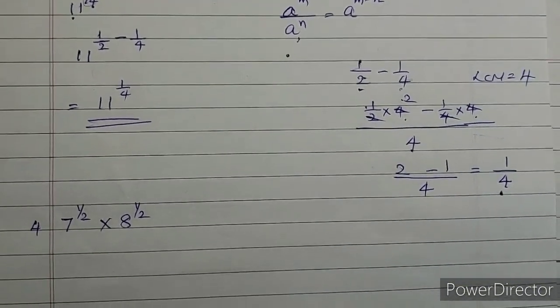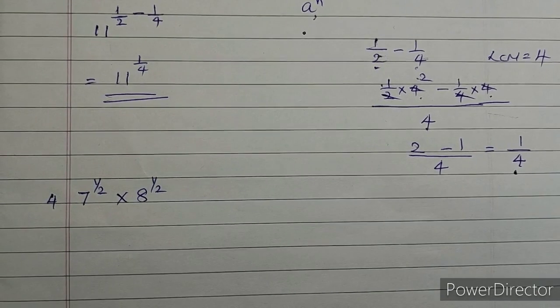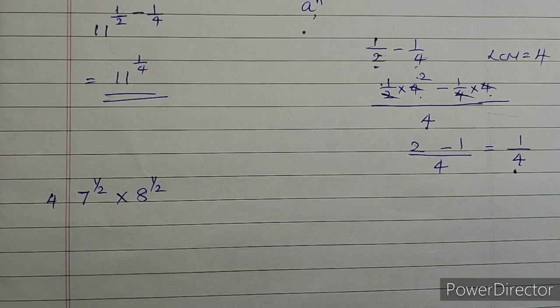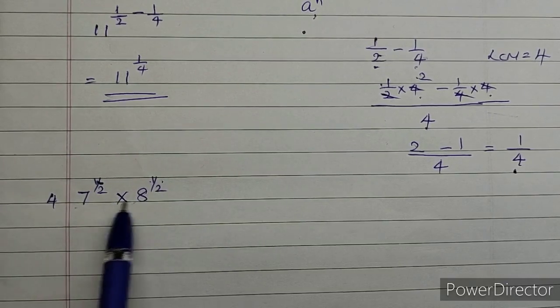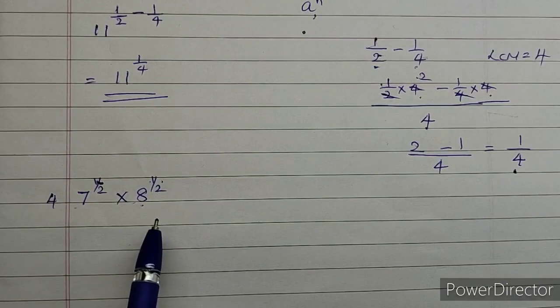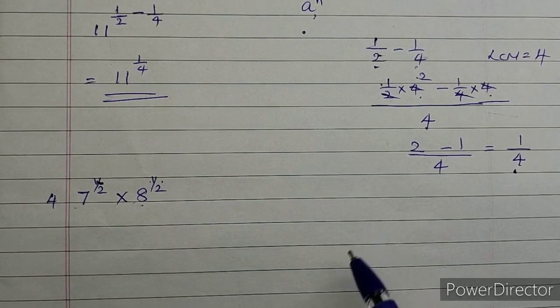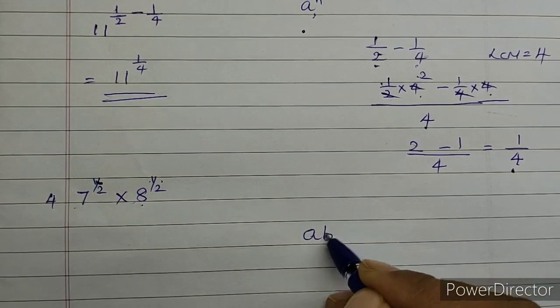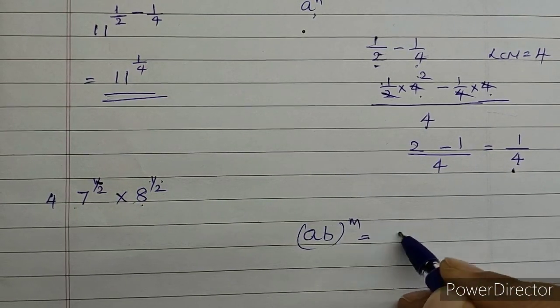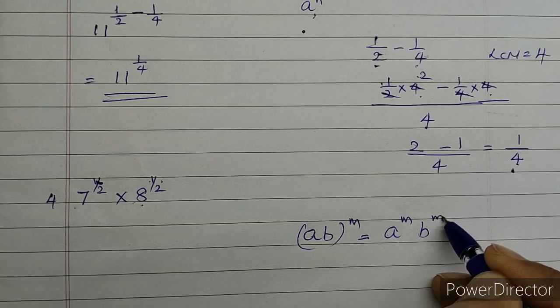Next sum is fourth sum, 7 to the power of 1 by 2 into 8 to the power of 1 by 2. Here the exponent is the same, bases are different. So what do you have to do? Which law can you use? Bases are different, exponent is same. So fourth law you can use. AB whole to the power of m is equal to a to the power of m, b to the power of m.